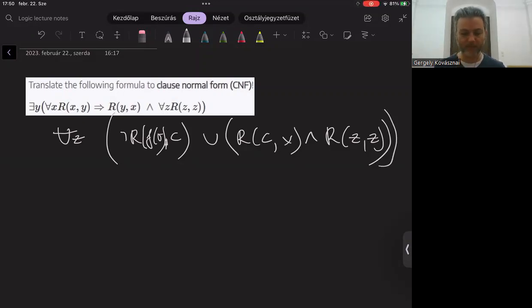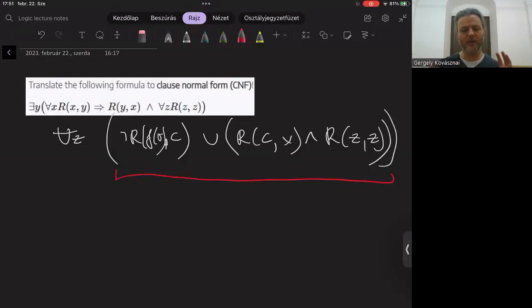Okay, what to do now? We are not ready yet, because this part, the scope of the quantifier, is not in CNF. It's actually in DNF, and you should know what to do in such a situation.